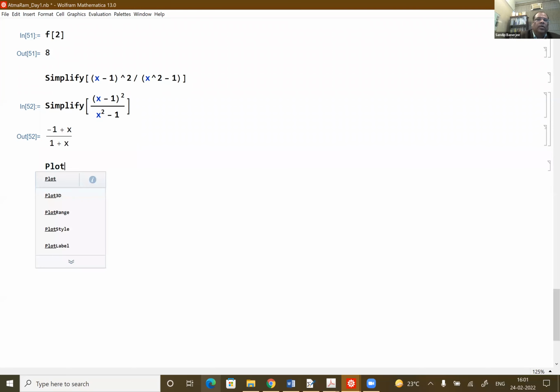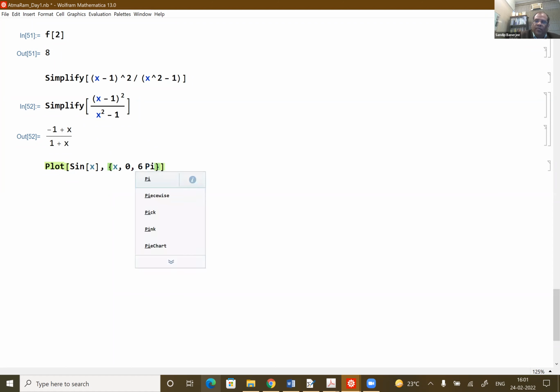Plot. So a simple thing, sin x. And you have to give a range, x say 0 to 6 pi.